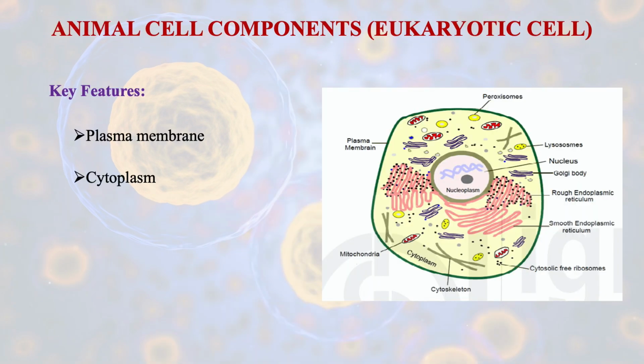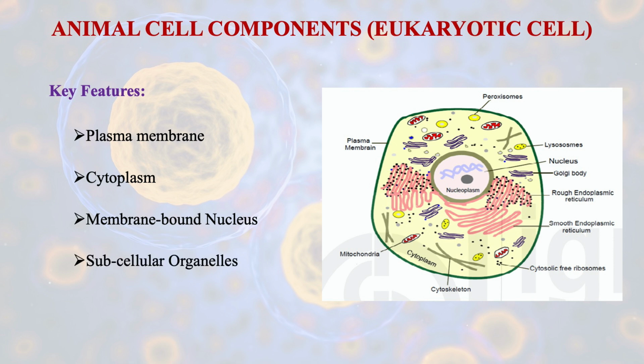They are unicellular eukaryotic organisms, while multicellular organisms like humans, cats, and plants consist of millions of eukaryotic cells. Now the basic components of the eukaryotic cell are the plasma membrane, cytoplasm, membrane-bound nucleus, and subcellular organelles.